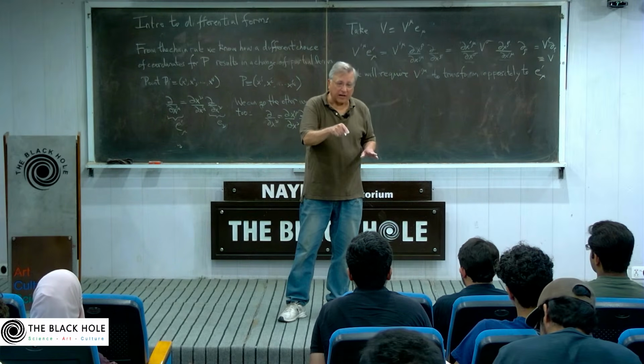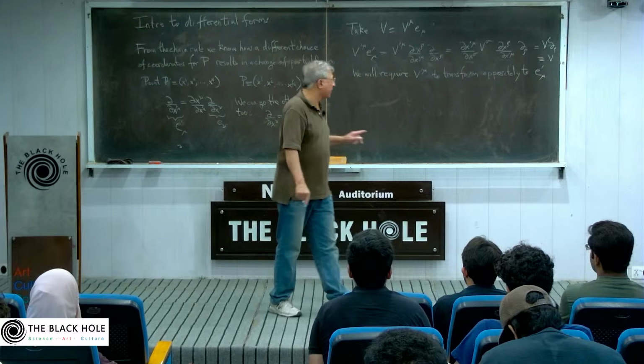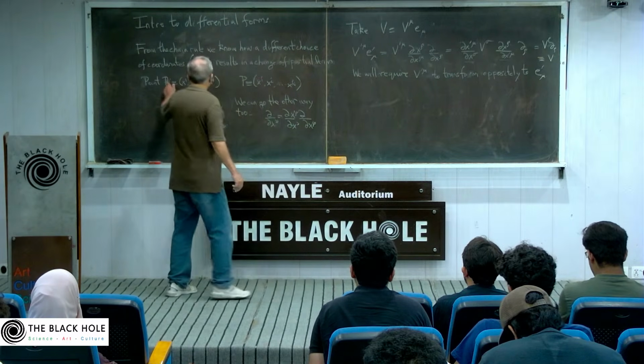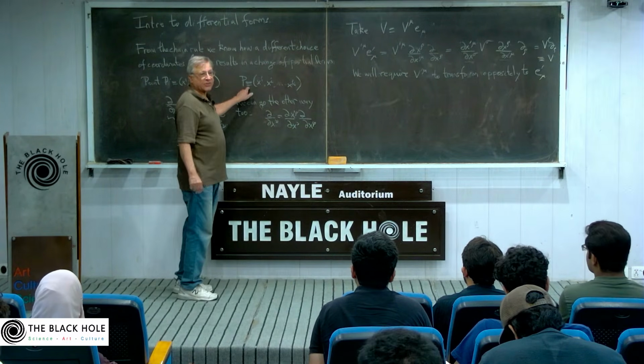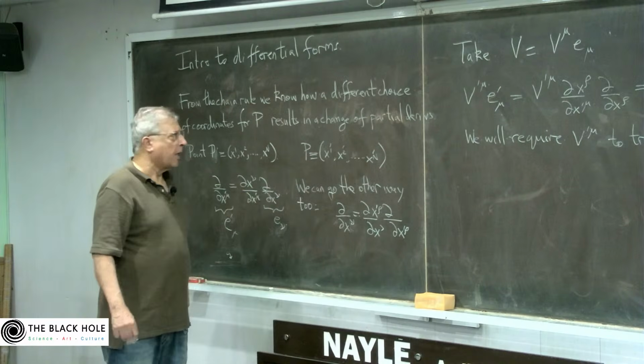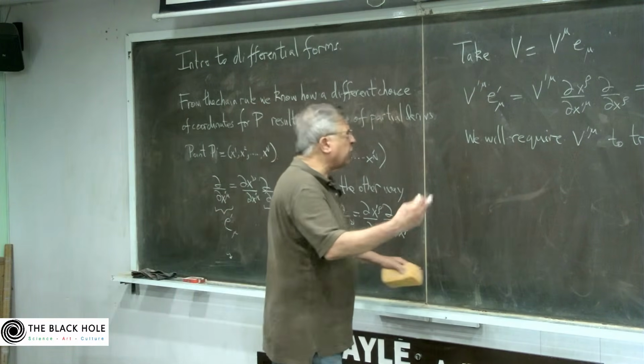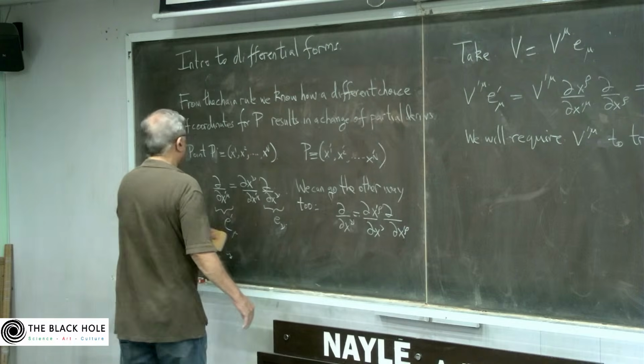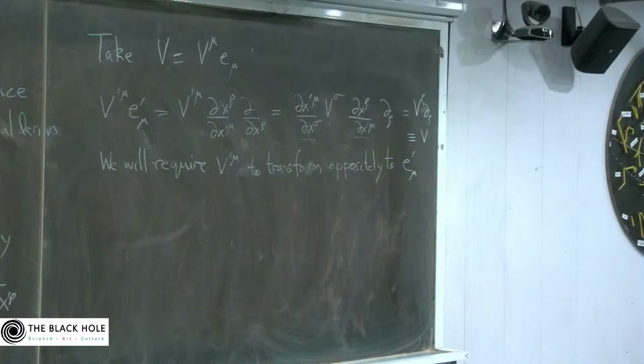We're staying at point P. See, that was the whole point. You stay at the point P, but you describe it with different coordinates. Now this opens the door for definitions. Any question? No.